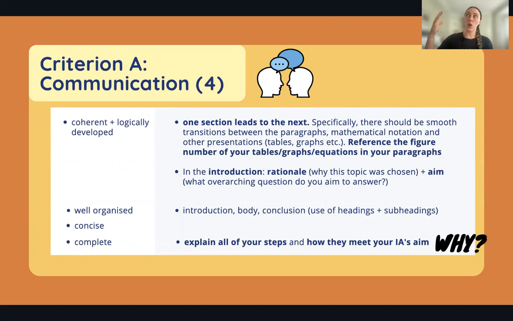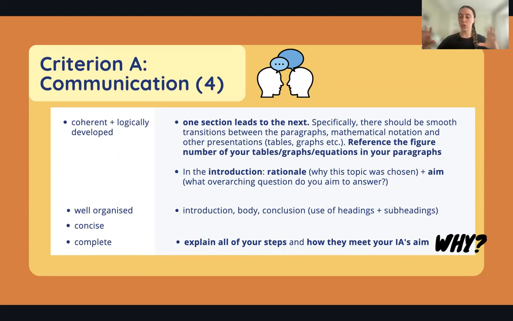So when I'm thinking about the IA, I tend to think of it as almost the story of how you got from asking your initial question and choosing your initial topic all the way to achieving the aim of your investigation and answering that overarching question which you've set yourself.